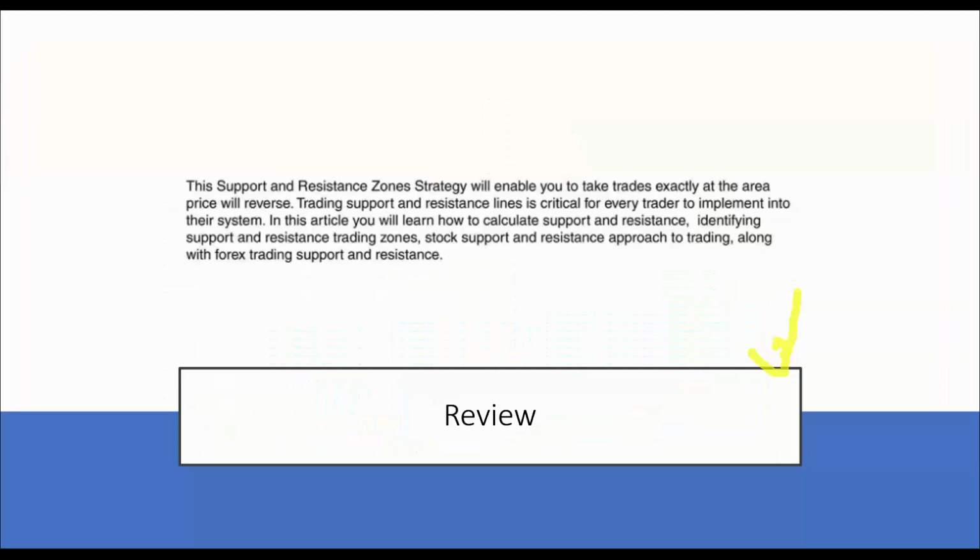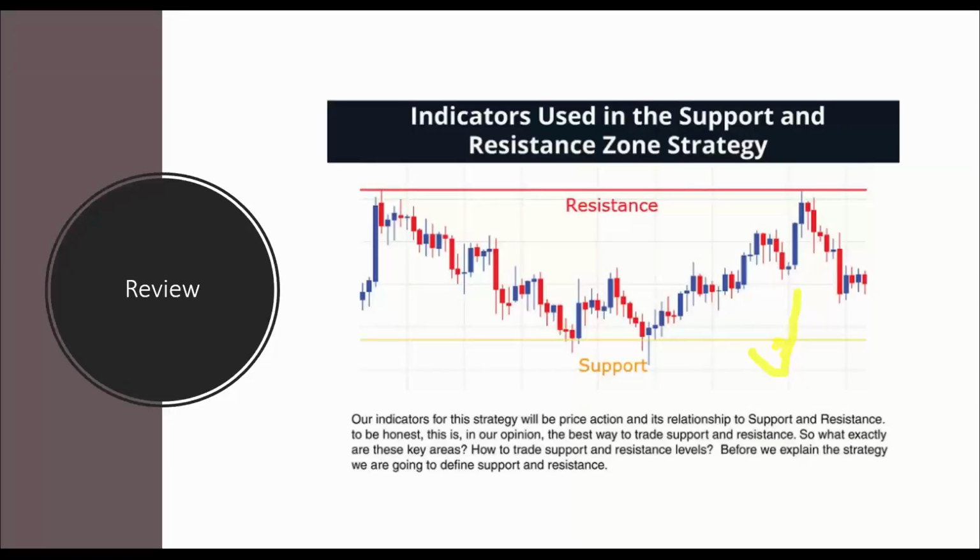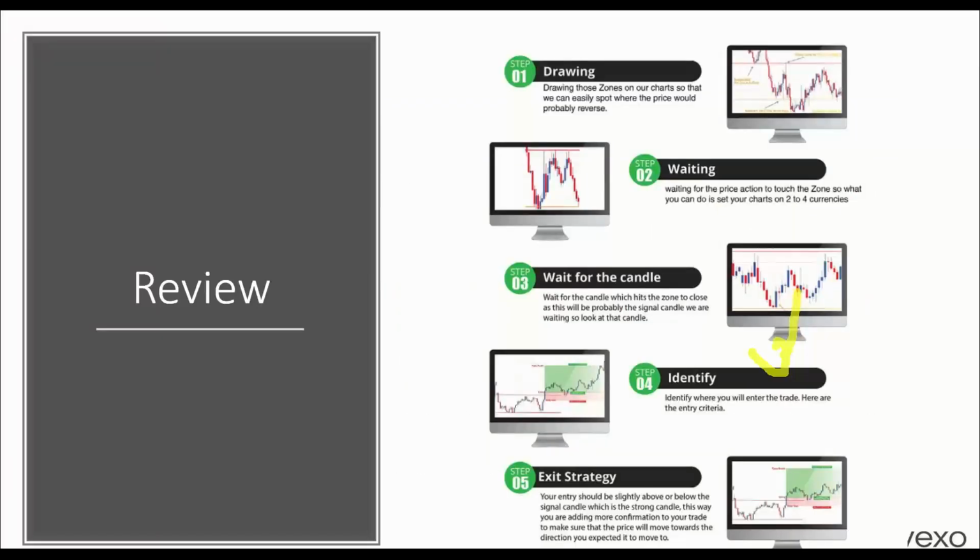So let's review. The support and resistance zone strategy will enable you to take trades exactly at the area price will reverse. Our indicator for the strategy will be price action and its relationship to support and resistance or price levels. So we want to draw our price levels on our charts. We want to wait. And this is the waiting game.